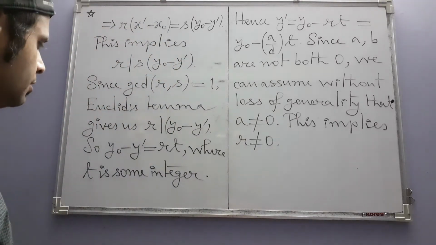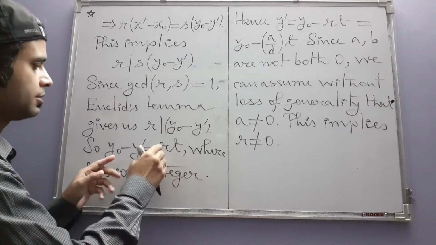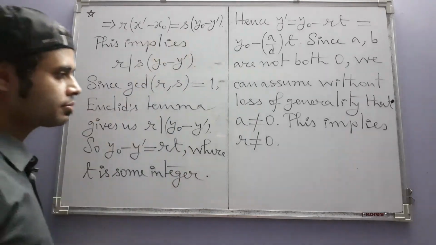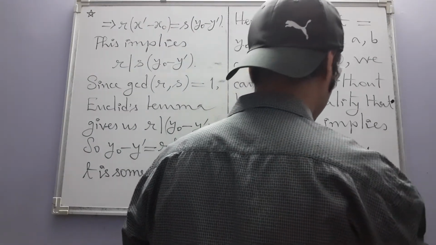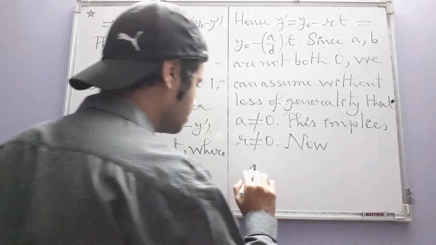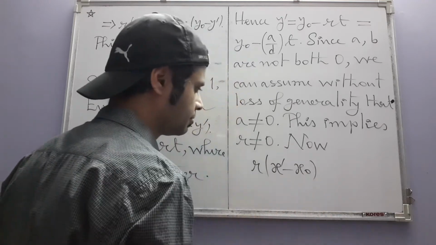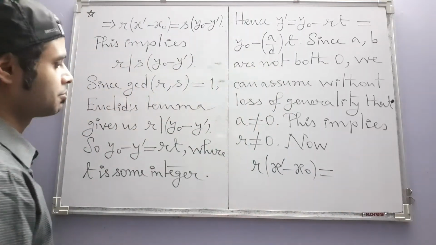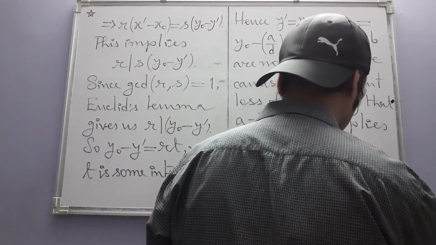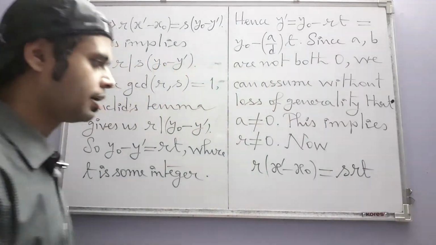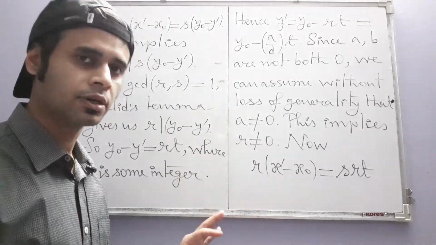Okay. Now look at this equation. Y naught minus y prime is rt, so we can simply use it here. Now r times (x prime minus x naught) is equal to, in place of y naught minus y prime, we are now going to write rt, so srt. And now, due to the non-zero nature of r, we can cancel it from both sides.